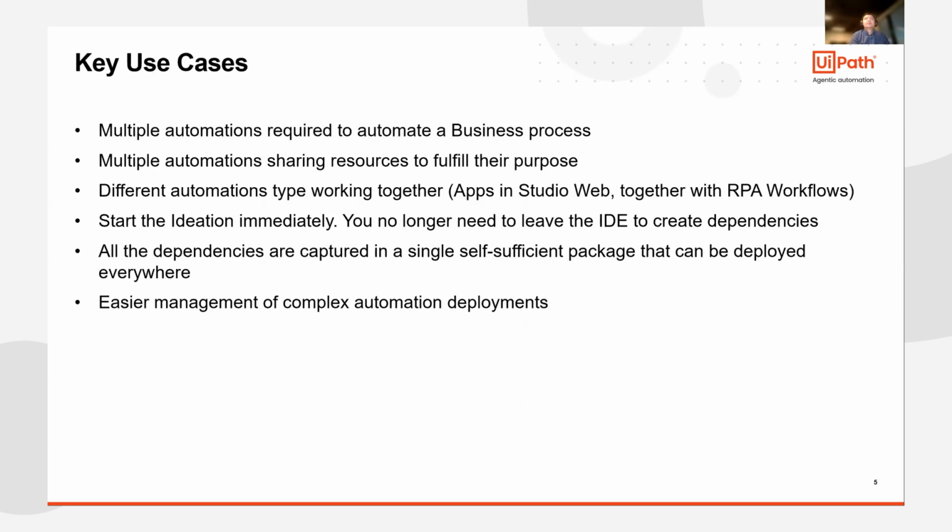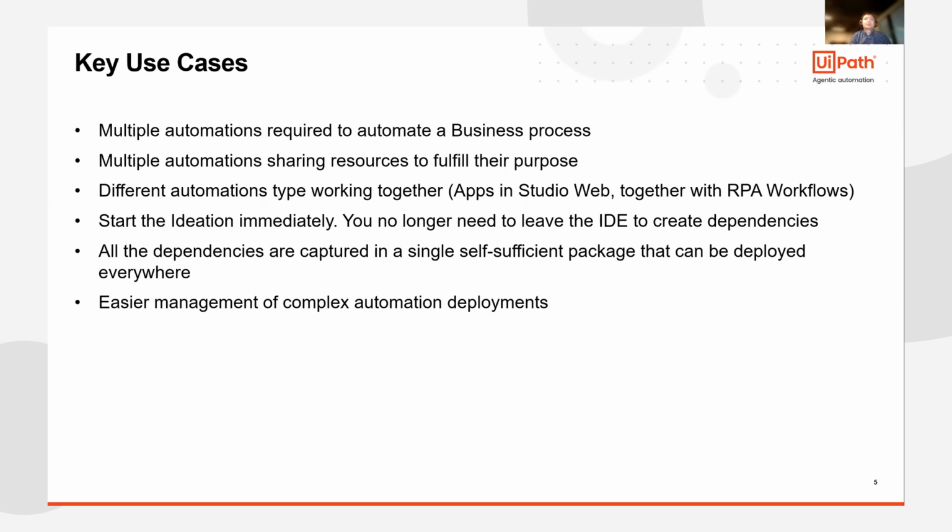Some key use cases here. Typically, but not necessarily limited to, it can be used when you're working on multiple automations required to automate a business process. Here you can have, I don't know, a dispatcher-performer use case.